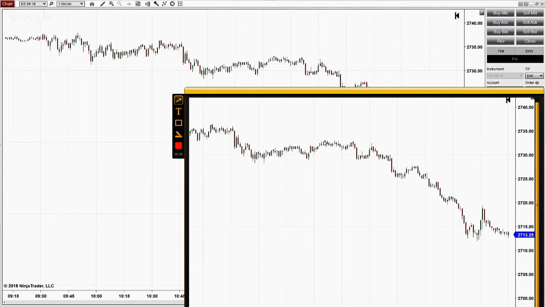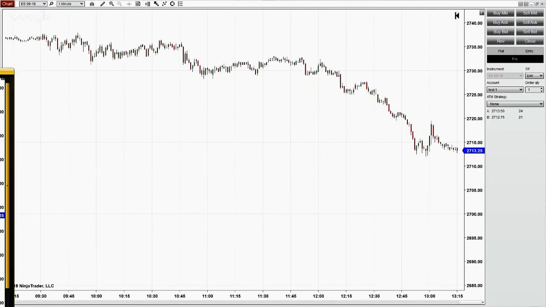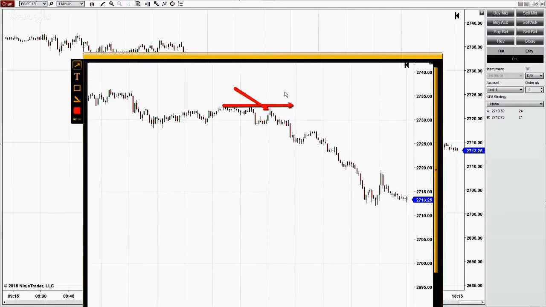It's right there. The second confirmation is this one here, which is getting weakened. This is an entry right there. I can spot it without any indicator.